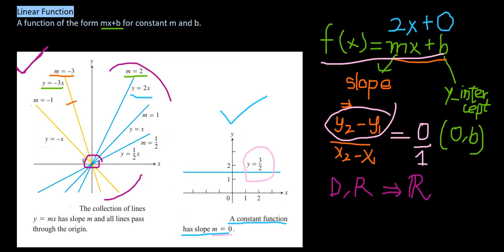You can see that when we put 0 in the equation, we have y over here, and our m is 0, multiplied by x, and then our constant value b is 3 by 2.